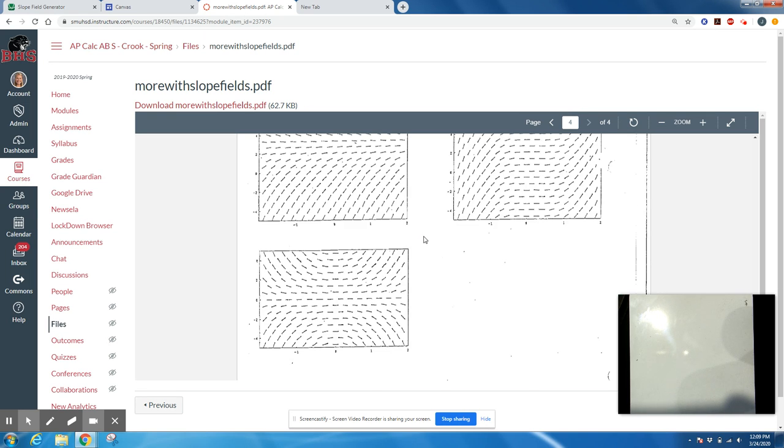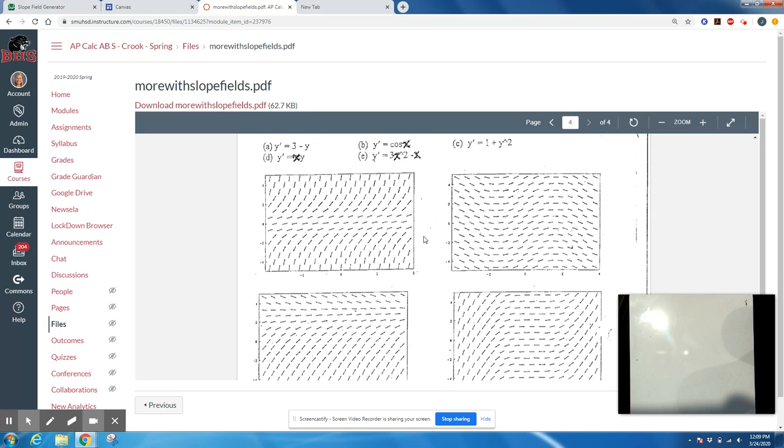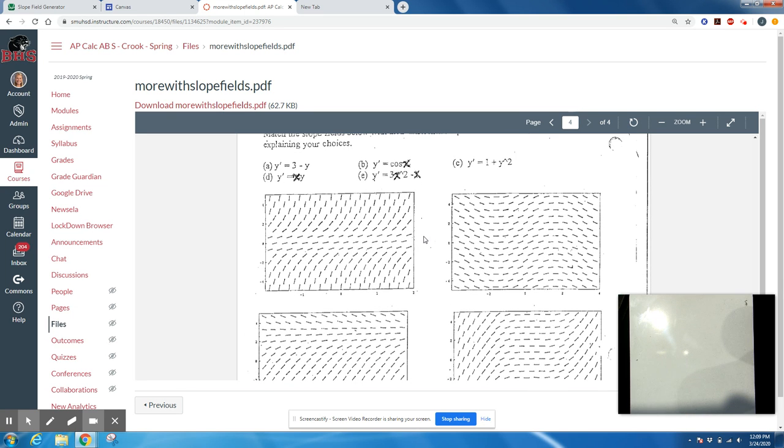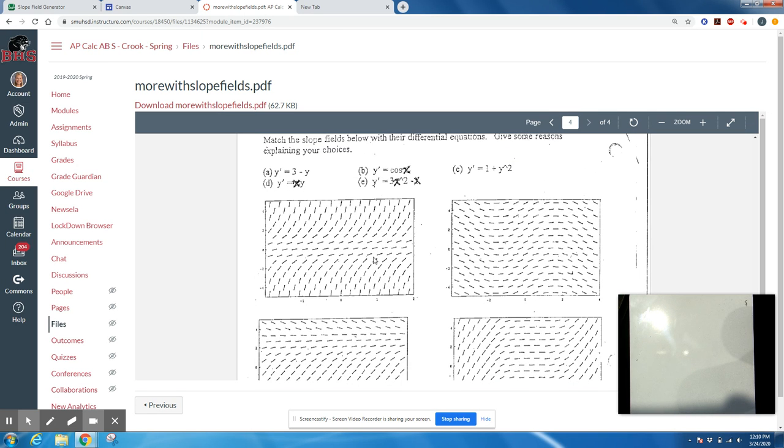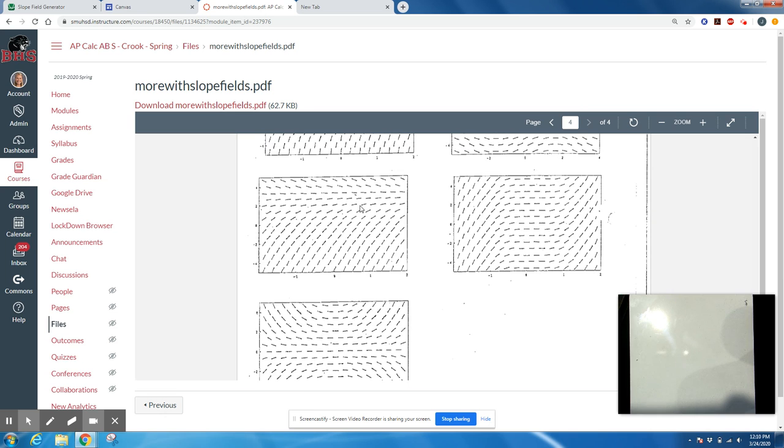For things that I can't integrate or I don't really know the antiderivative of without doing separation of variables or something fancy, I would recommend when you're doing Desmos, just picking random points. So for example, I would match 3 minus y to this one right here, because if I picked random points, when y is 3, look at these horizontal tangents.